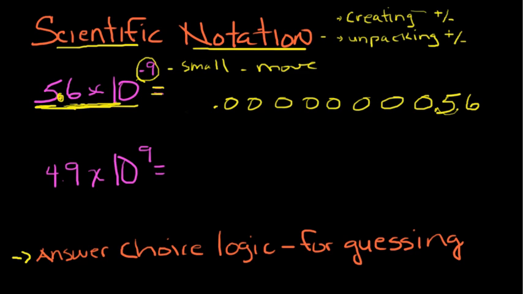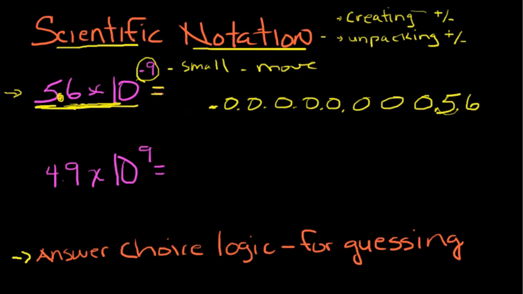So that's 1, 2, 3, 4, 5, 6, 7, 8, 9 total. So it would be 0.000000, 8 zeros, 5, 6. That's what scientific notation does to this number, 5.6 times 10 to the negative 9. You start with your 5, 6, move it 1, and then add 8 zeros, or move the decimal point 9 places total.